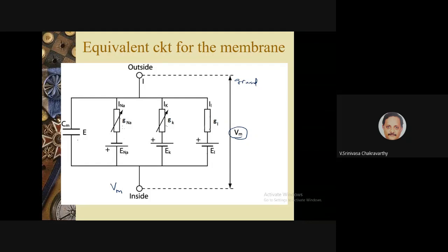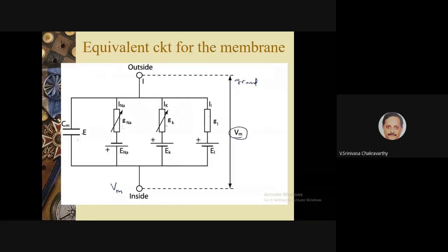Okay, so now how do you express Vm as a function of all the other circuit elements under steady state conditions? Under steady state conditions, all the voltages and currents are constant. Under steady state, the capacitance does not pass any current, because when voltage is constant, current in a capacitor, C dV by dt, will be 0.